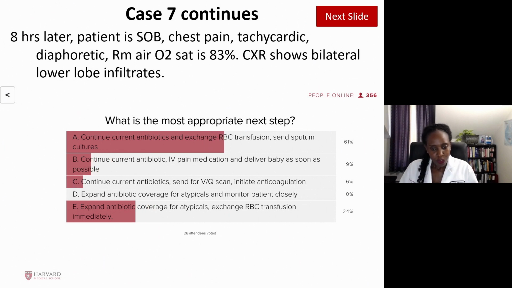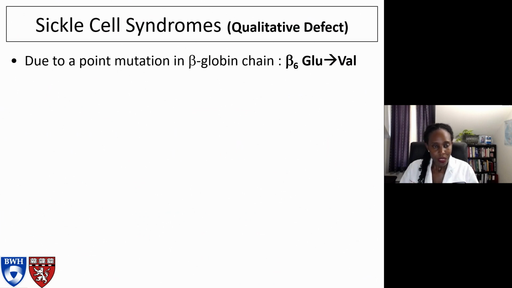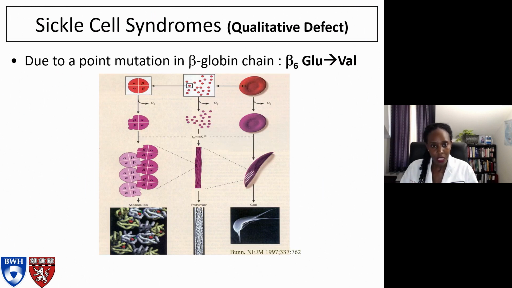Let's see, we have very few votes in for this one, but the answer is E, and we would expand antibiotic coverage for atypicals and exchange transfuse the patient immediately. So the sickle cell syndromes are due to a point mutation in the beta globin chain of hemoglobin, where instead of glutamic acid, there's a switch to valine.